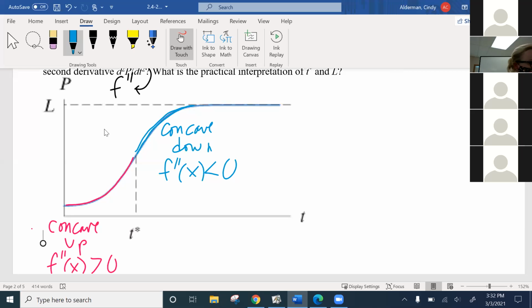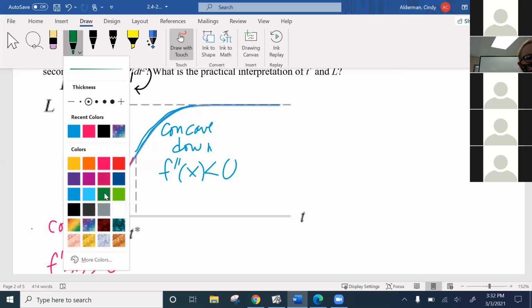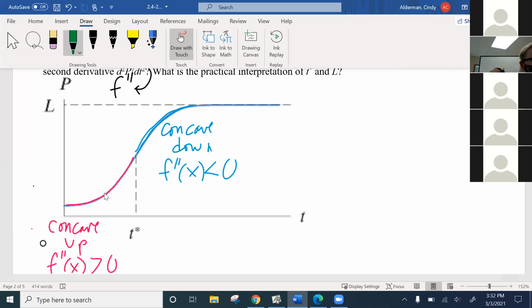Oh, this is important. Now this is going to come up in a big way in another section coming up. What's happening here is in this interval right here, we're increasing at a different rate.